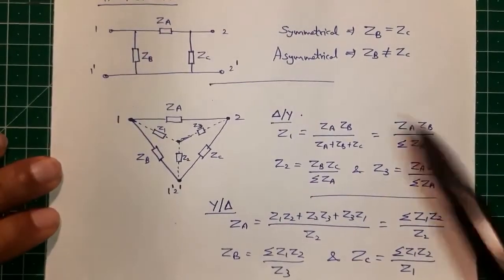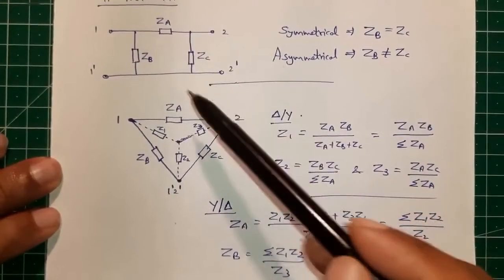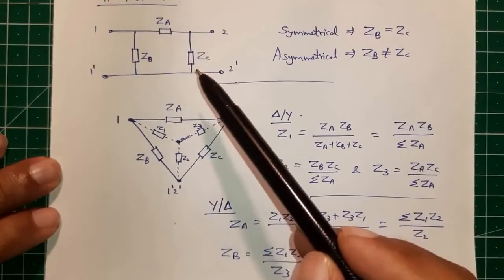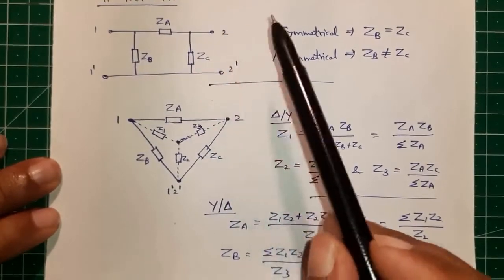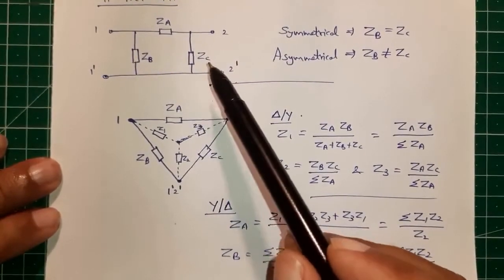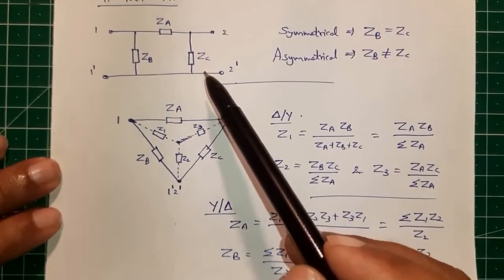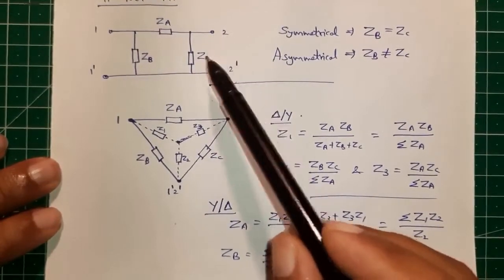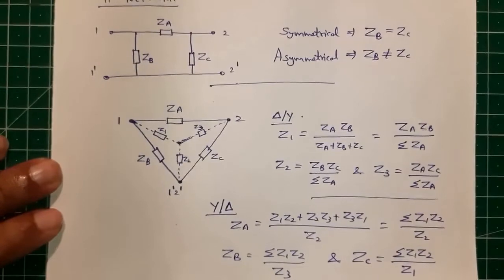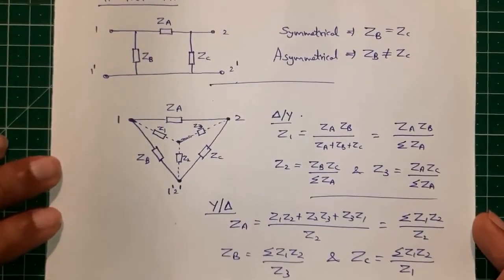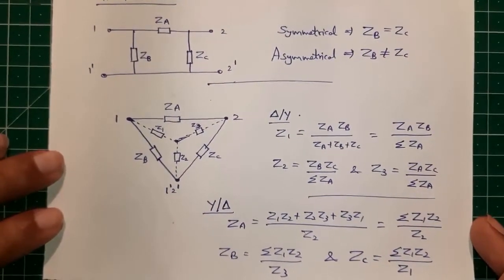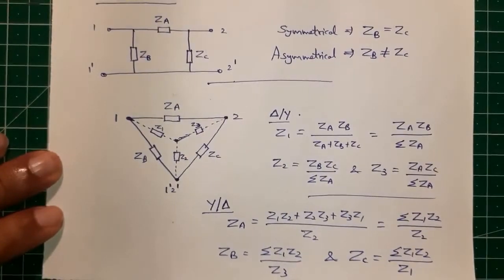Now, what is the relevance of these T and pi networks? They are basically used for transmission line analysis, that is, for the lumped equivalent representation of transmission lines. For easy understanding, we know that a transmission line is an example of a distributed network.